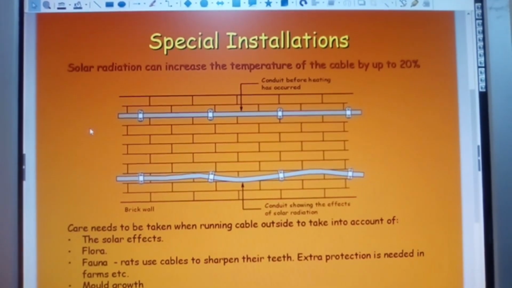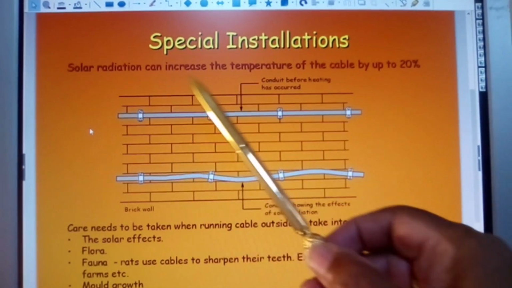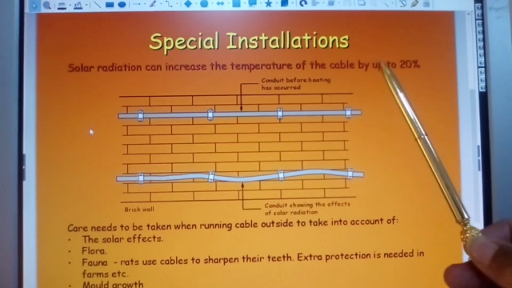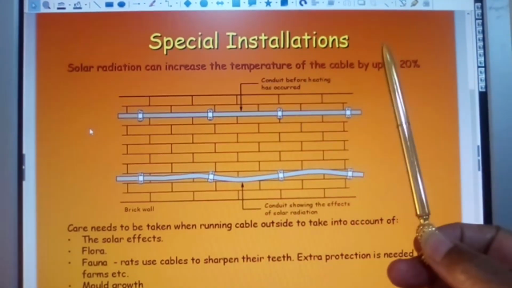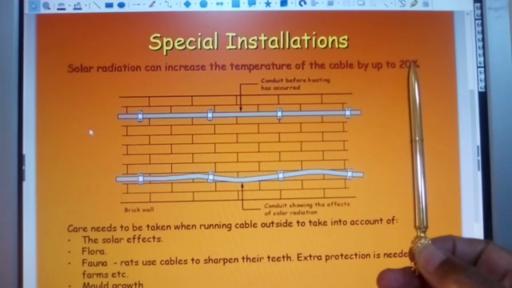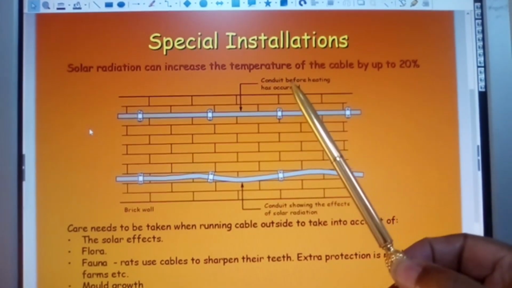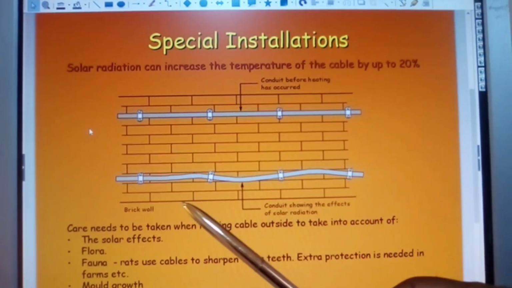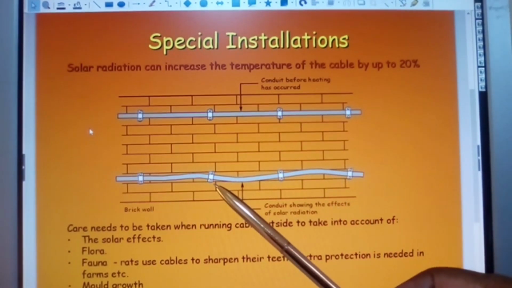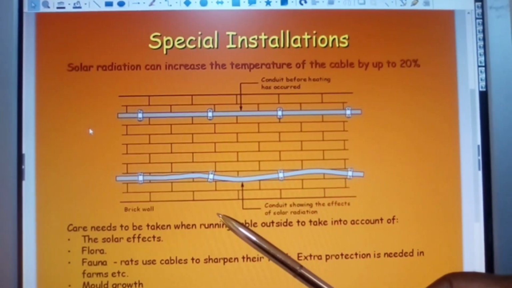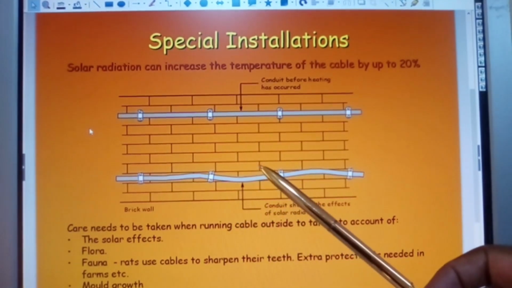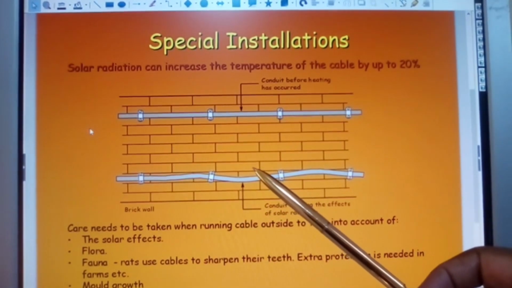Special installation continues. Solar radiation can increase the temperature of the cable by up to 20%. Here is the conduit before heating has occurred, and you can see the conduit after the effect of solar radiation.